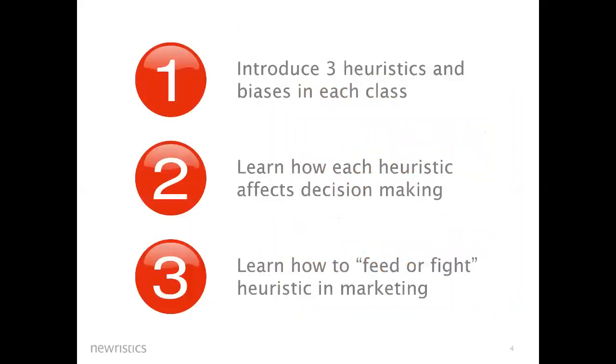So here's how Behavior Masterclass classes will be organized. In each class, we are going to take 3 heuristics and biases and educate you on what those are. You may already know what they are, but hopefully we are bringing new understanding about those heuristics and biases to you.